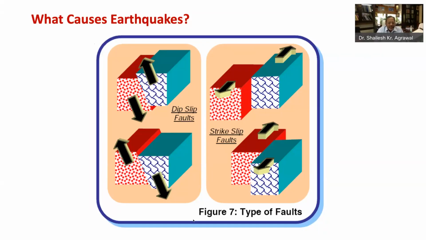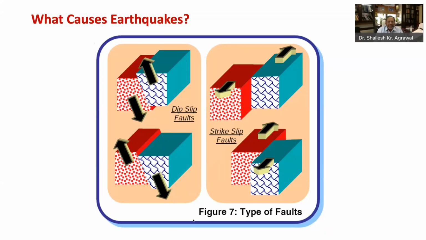Now, during both types of earthquakes, the sudden slip at the fault takes place, and this slip can either be in horizontal direction or it can be in vertical direction. When it is in horizontal and vertical direction, these kind of slip at faults is known as dip-slip faults.